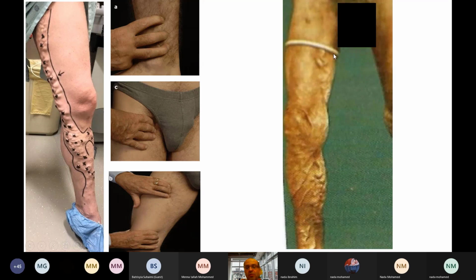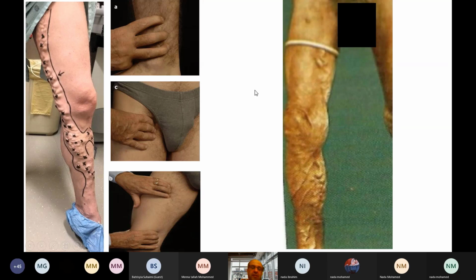We have what is called the tourniquet test. We elevate the leg of the patient and then apply a tourniquet at the saphenofemoral junction, and I ask the patient to stand. Whenever I see veins refill after being empty, this means that there is an incompetent perforator here that fills the vein back with blood.